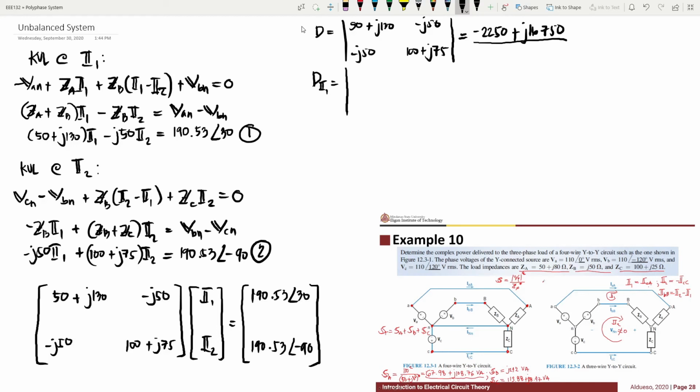We have 190.53 angle 30 and negative j50, and the second row is 190.53 angle negative 90 and 100 plus j75. We have 18,882 plus j21,901.79.